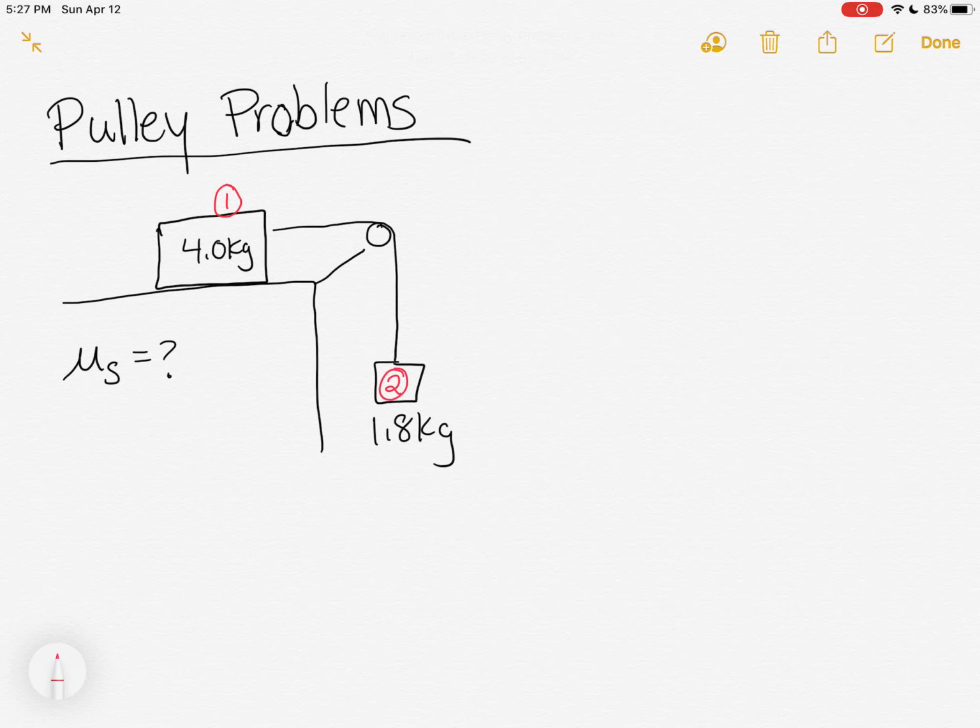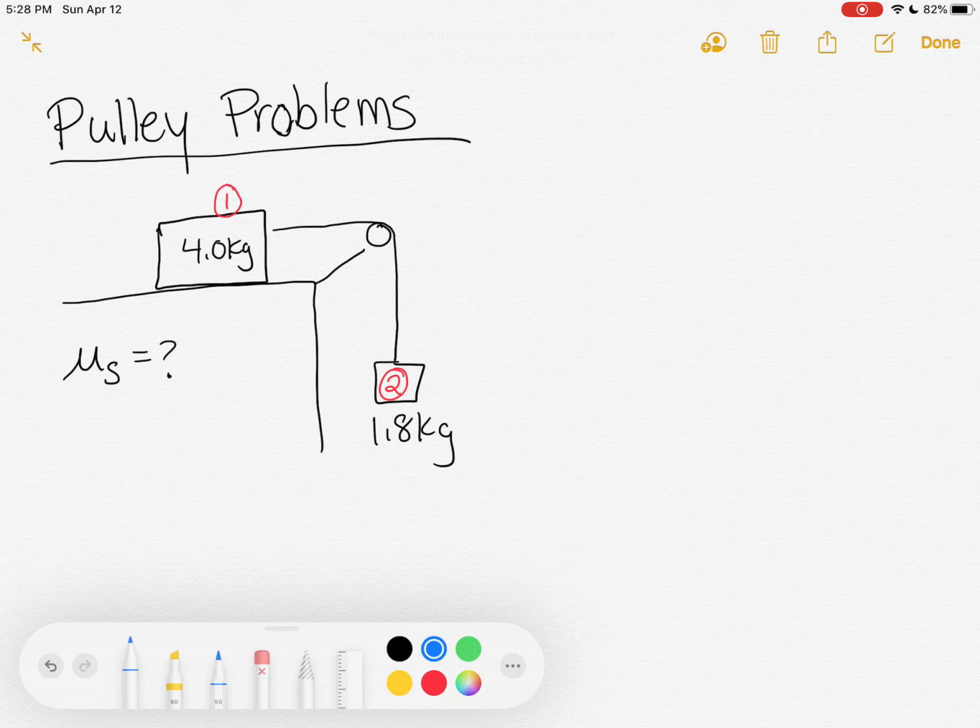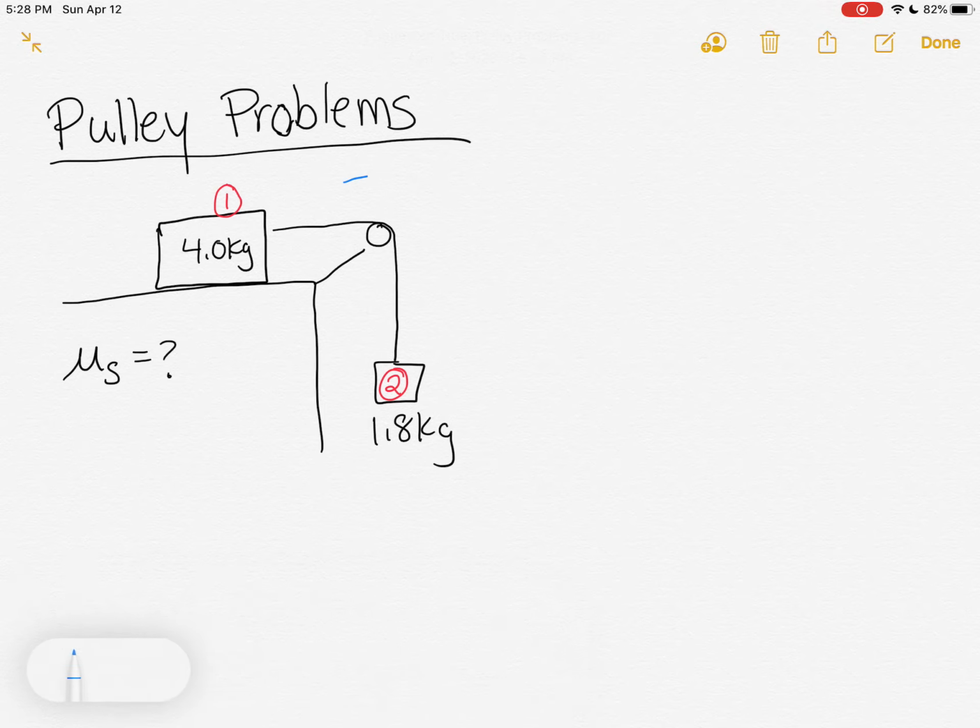Now the reason for that is because I need to draw a free body diagram for each of these objects, and I want to be able to tell the free body diagrams apart. The other thing I want to do is I want to label the motion on my pulley. So even though this pulley is not moving, if it were to move, I'm going to assume that it's going to move down like this.